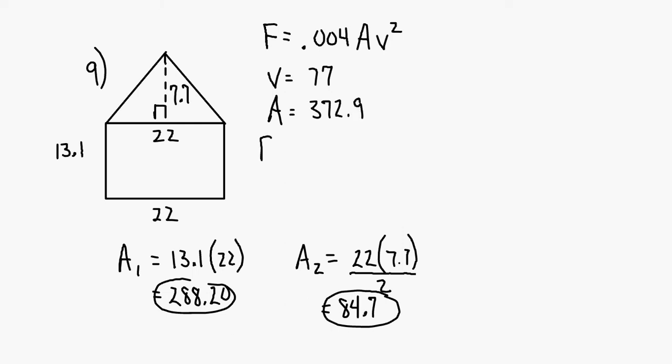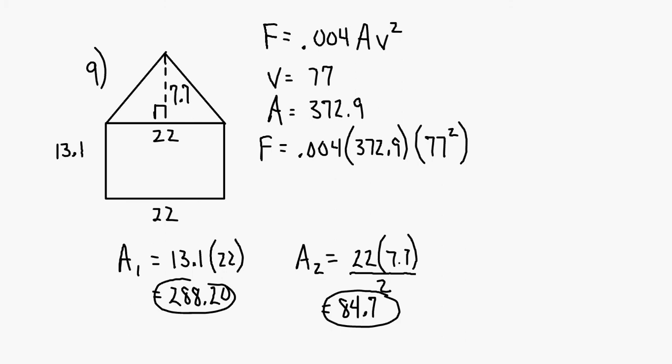So now your force is going to be equal to 0.004 times A, which is 372.9, times 77 squared. The easiest way to do this is to work it backwards from right to left so that you can square the 77 first. And then you can leave all the numbers in your calculator.